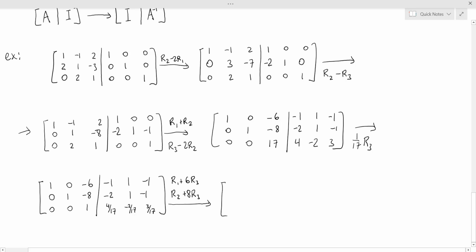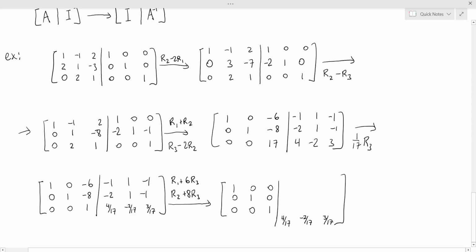And that will give us an identity matrix on the left. So whatever we end up with on the right should be the inverse of A. Okay. Now let's see here. I'll copy down row 3.